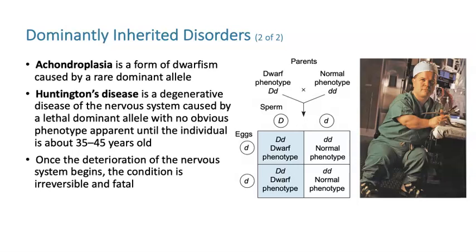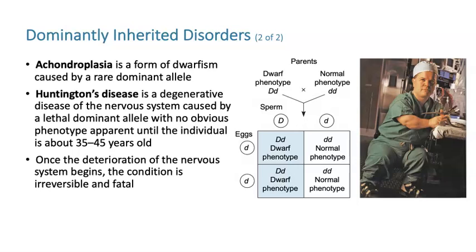Another example is Huntington's disease. And Huntington's disease is a deadly disease. It causes the nervous system to degenerate. And you don't know that you have Huntington's disease by phenotype. Like I mean, you could get a genetic test these days, but you won't know you've got it until you're somewhere between 35 and 45 years old.